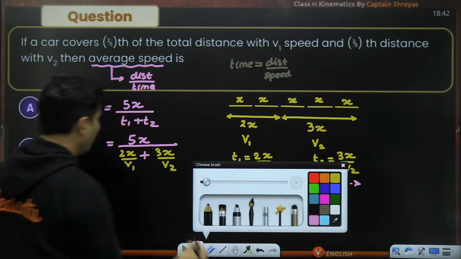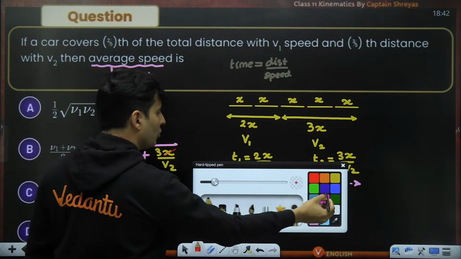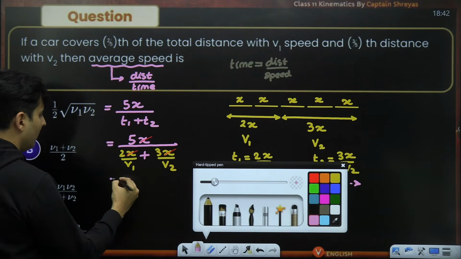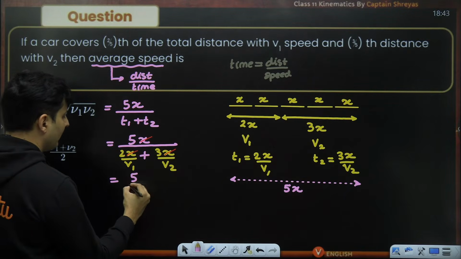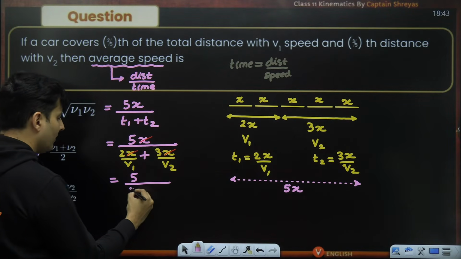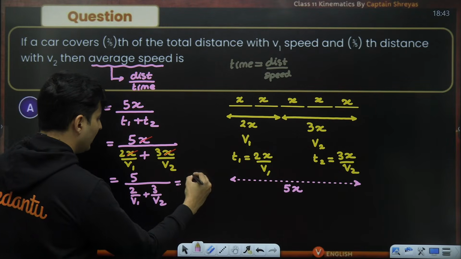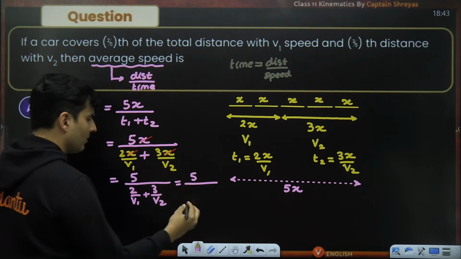What happens, sir, now? This x and this x will get cancelled. It's there both in the numerator and the denominator. Okay, fair enough. So 5 is there, and 2 by v1 and 3 by v2 is there. So if you have to add 2 by v1 and 3 by v2, what do I need to do? Take the LCM. What is the LCM?